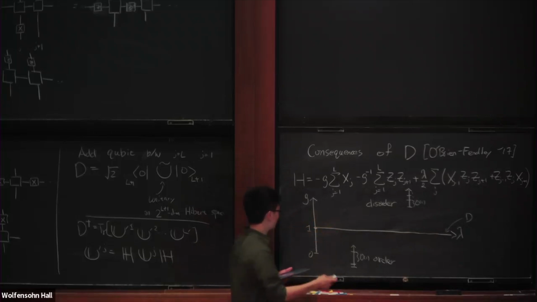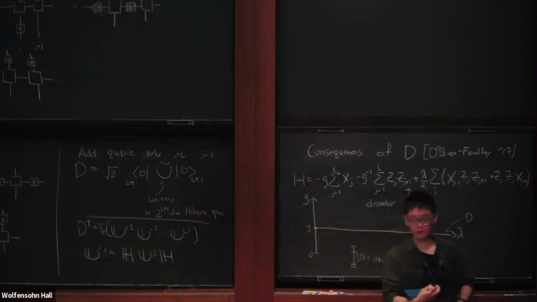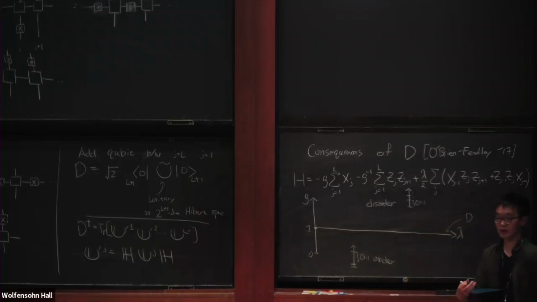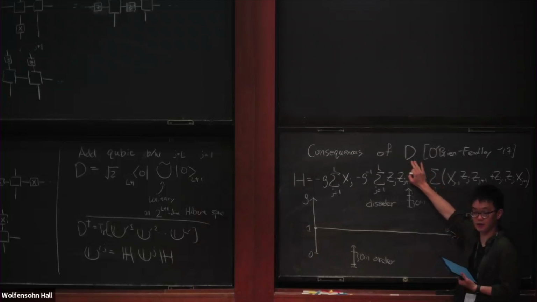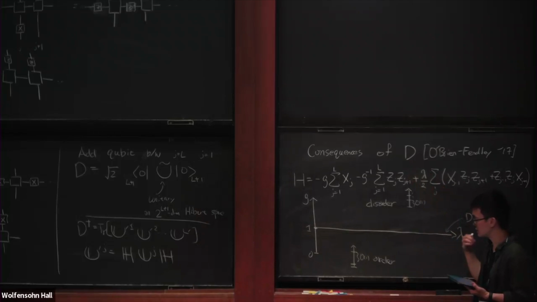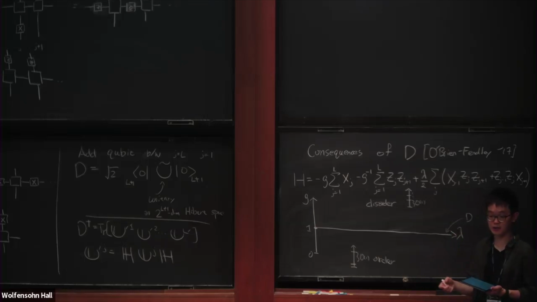Now, it's a fact that if you look at the Ising conformal field theory, there's no relevant deformation that will preserve this non-invertible symmetry D. The leading deformation that preserves both the Z2 and the non-invertible symmetry is quadratic in the stress energy tensor, sometimes known as the TT-bar deformation, which is irrelevant.